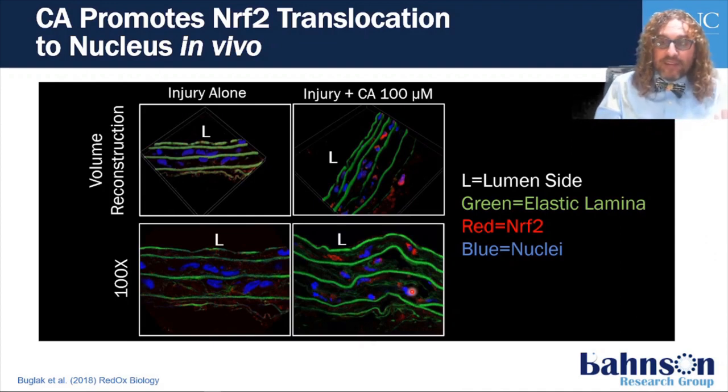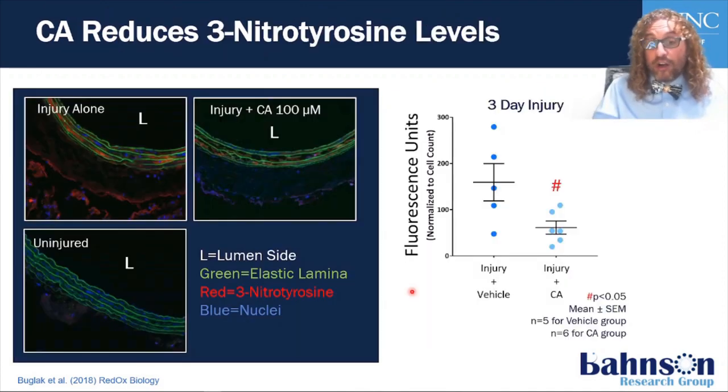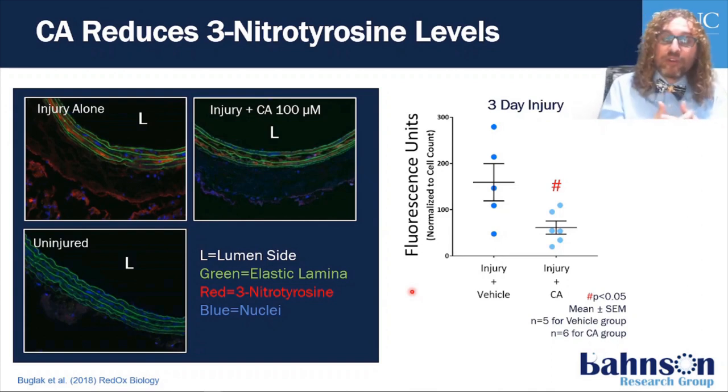So if this is true, are we actually affecting the redox environment of the vascular wall after arterial injury? The first marker of redox dysfunction or oxidative stress that we looked at is 3-nitrotyrosine, which can be seen as a fingerprint of peroxynitrite production. We can see very clearly that an uninjured vessel doesn't have a lot of staining, but after balloon injury, there's a significant increase in fluorescence for 3-nitrotyrosine that is significantly decreased in the presence of cinnamic aldehyde.